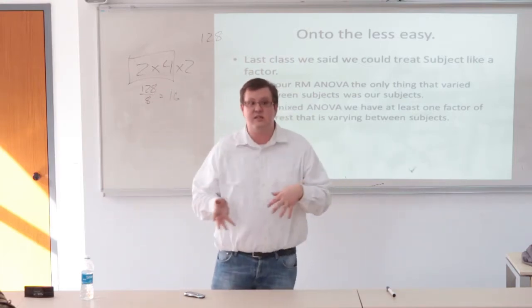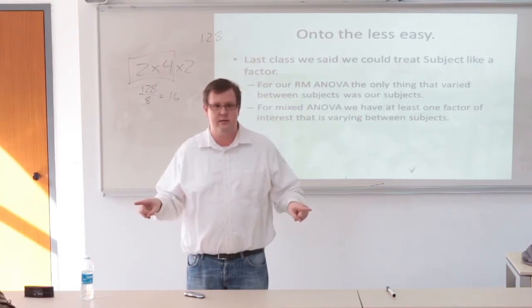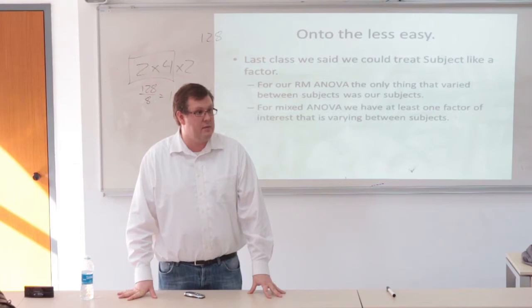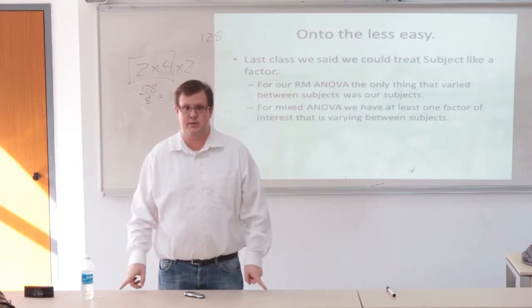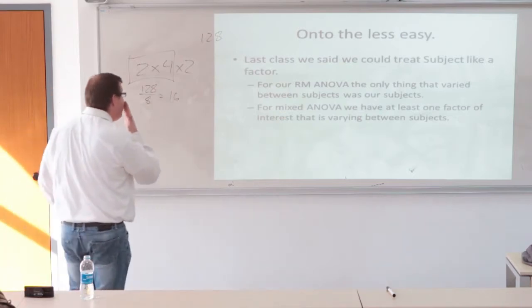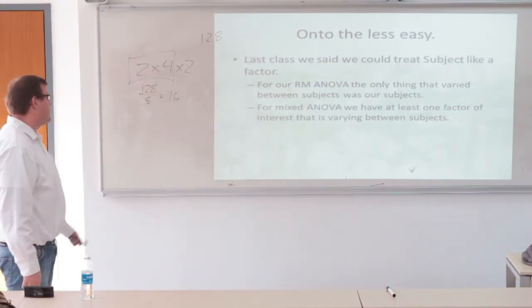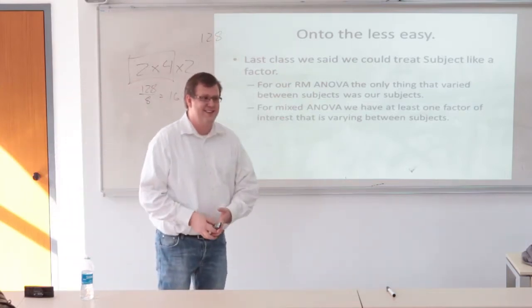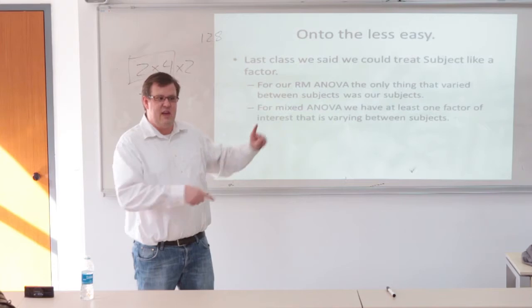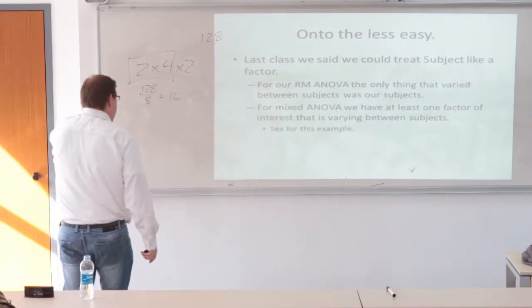He's a male, she's a female. That is differing between the subjects. One group of subjects is male, one group of subjects is female. That's a difference between subjects, right? So for the mixed ANOVA, we have at least one factor of interest. I guess you could say we have at least two factors of interest. One is the subject itself, and then that other thing. Here it's sex. All right.